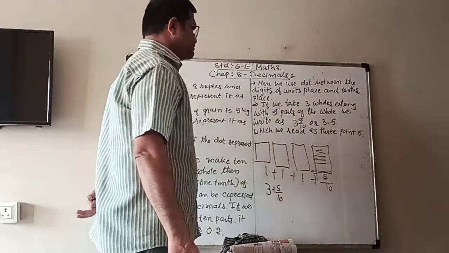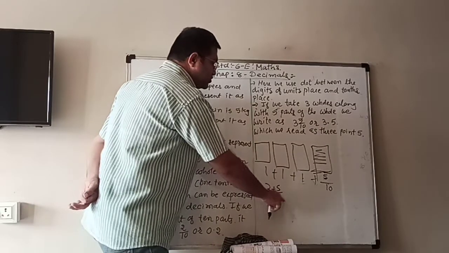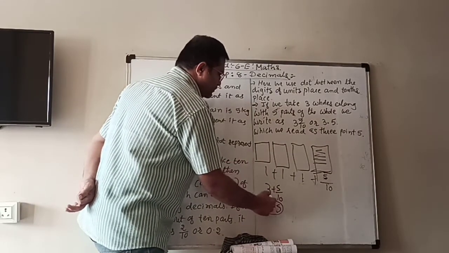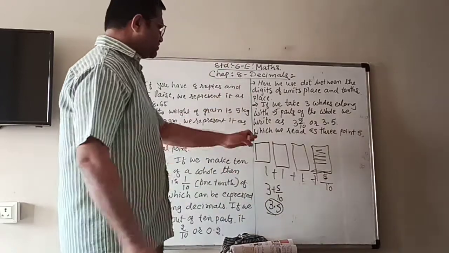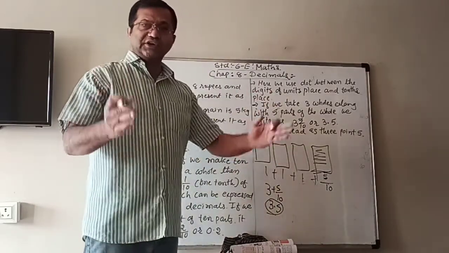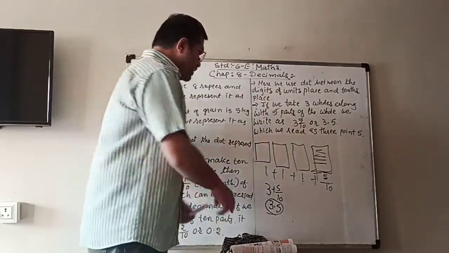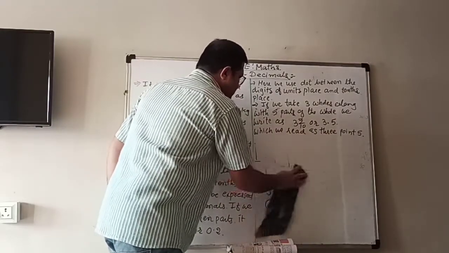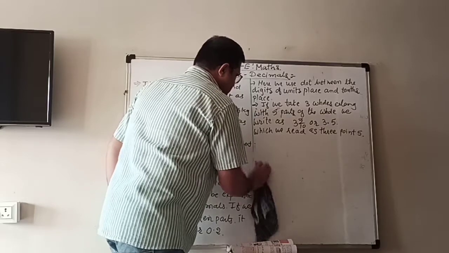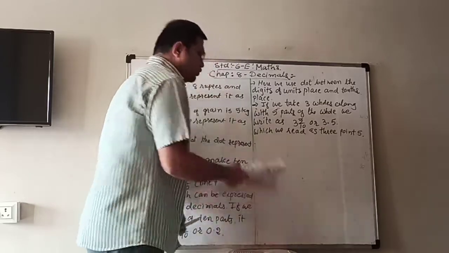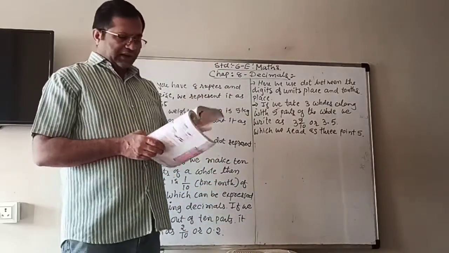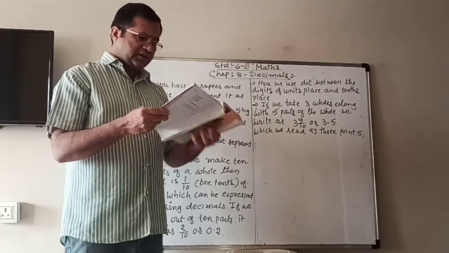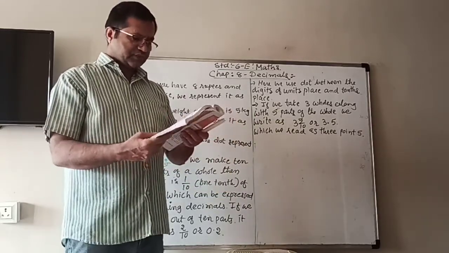And as I told you, 5 upon 10 is 0.5. So it is written as 3.5. So if you take the 3 full blocks, full units, and the 5 parts of the block, then we represent it as 3.5 also.